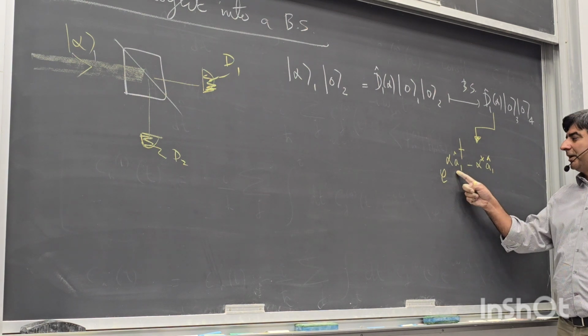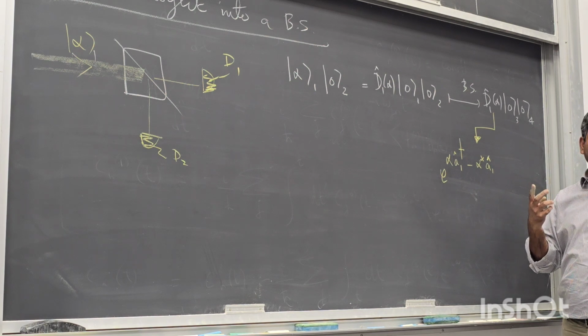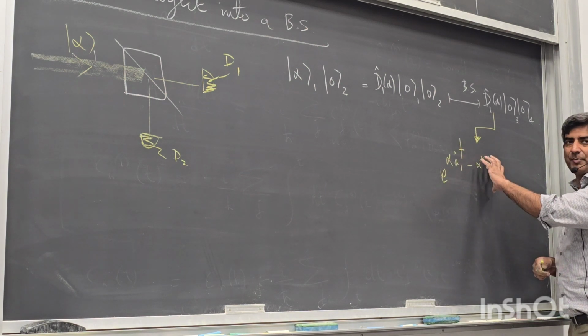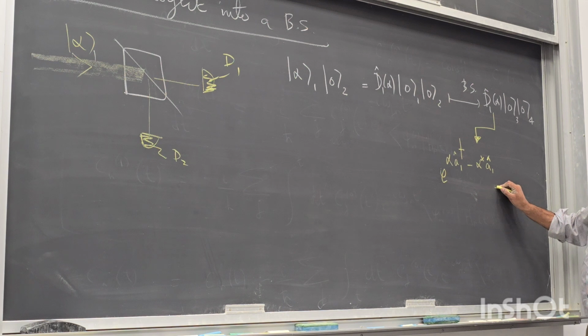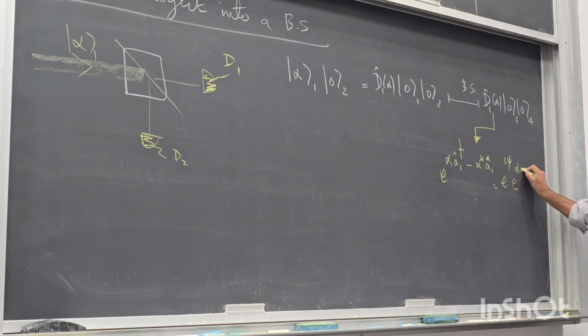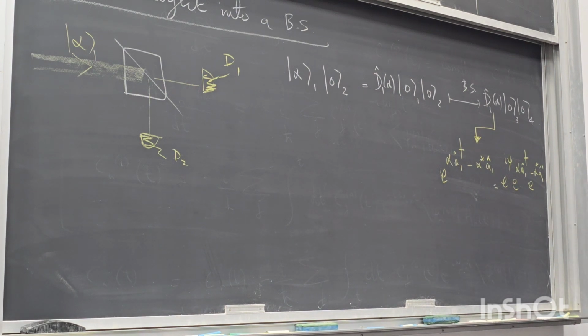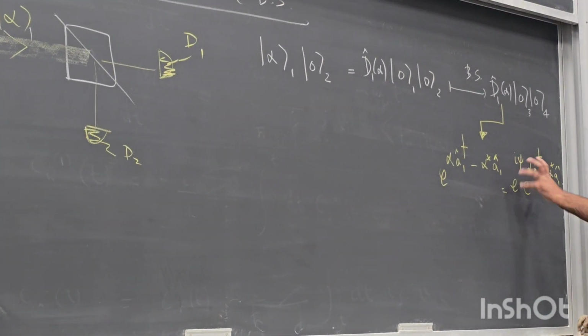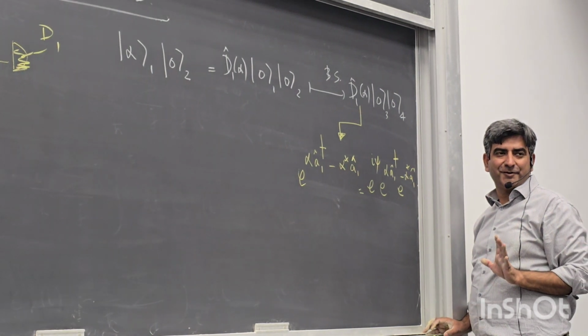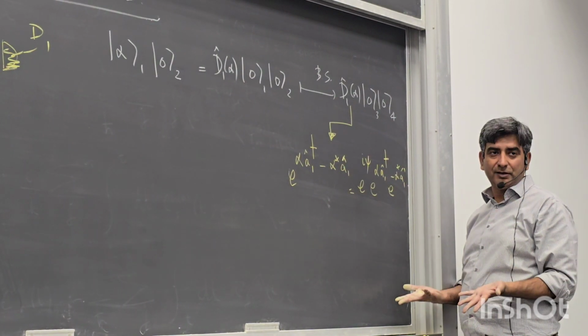I know that. But the commutator is a scalar. So I can break up these two operators with some phase factor. Right? Well, this is a scalar. So I can write this as e to the alpha A1 dagger times e to the minus alpha star A1. Alright? Using the Baker-Campbell-Hausdorff formula. But this is a global phase, so I don't need to consider it too much. I don't need to consider it at all.